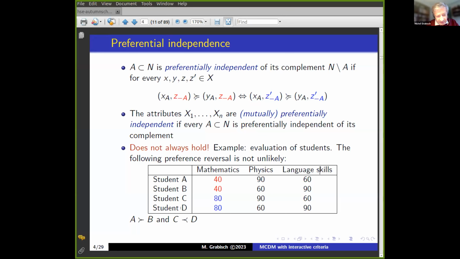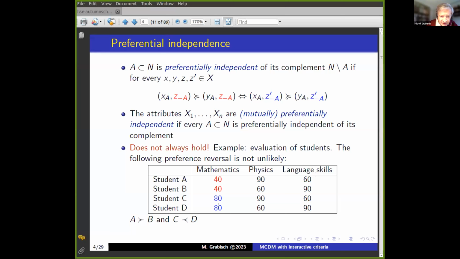Now you look at C and D. Observe that for physics and language skills, it's exactly the same marks as A and B. But now the score in mathematics is quite good, okay? And so maybe you will change your mind. Now you will say, oh, but then I prefer student D because this is a more balanced profile between sciences and language.